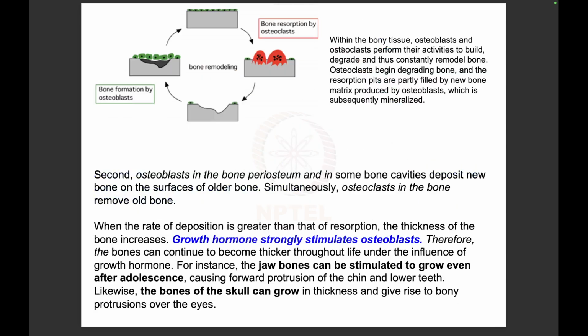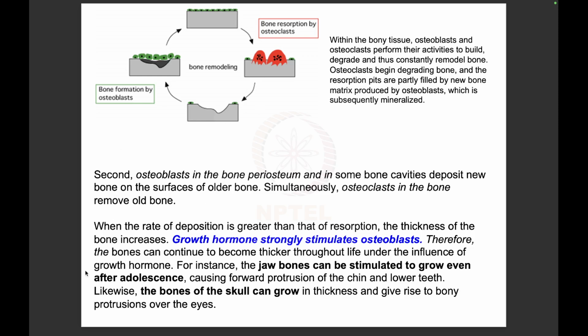So here, within the bony tissues, osteoblasts and osteoclasts perform their activities to build and degrade, and thus constantly remodel bone. Osteoclasts begin degrading bone, and the resorption pits are partly filled by the new bone matrix produced by osteoblasts, which is subsequently mineralized.